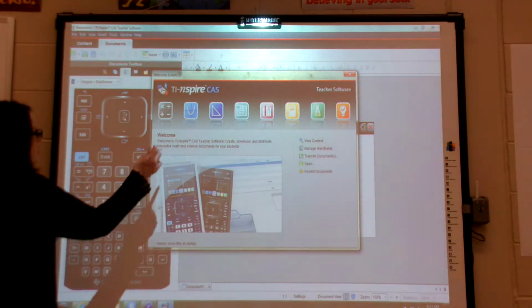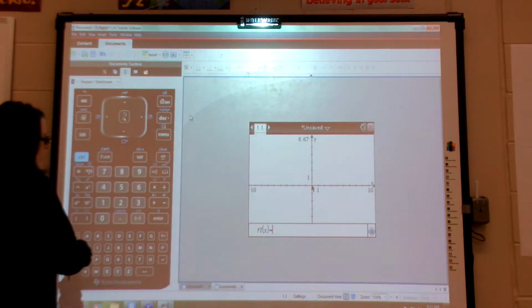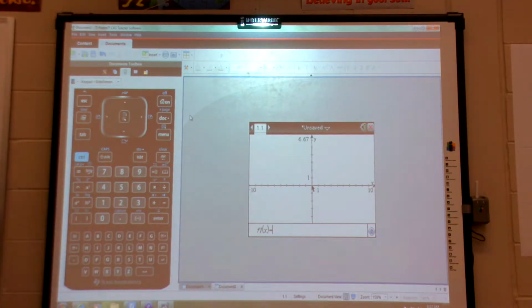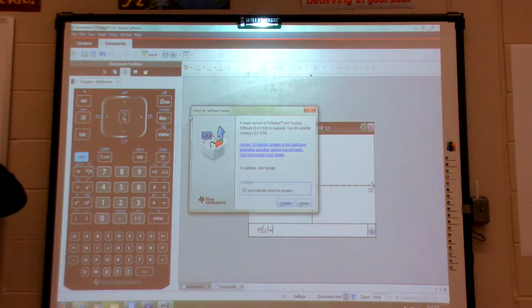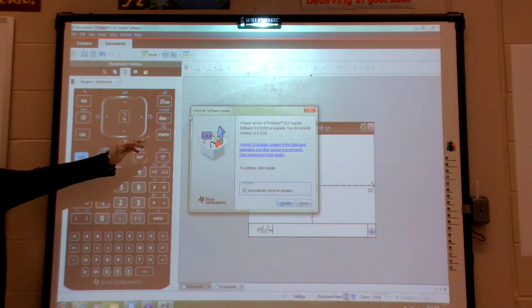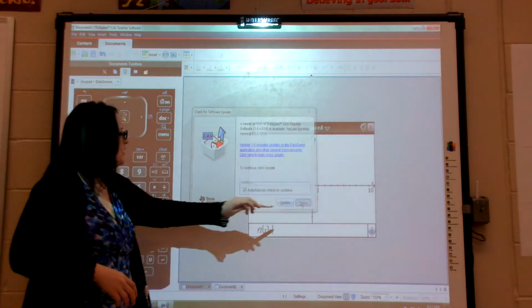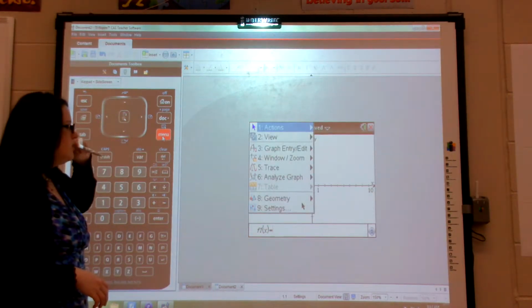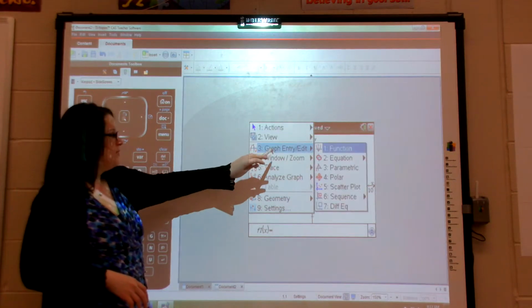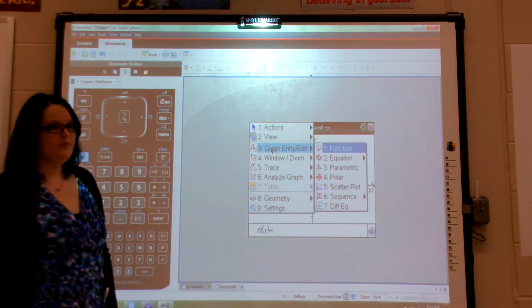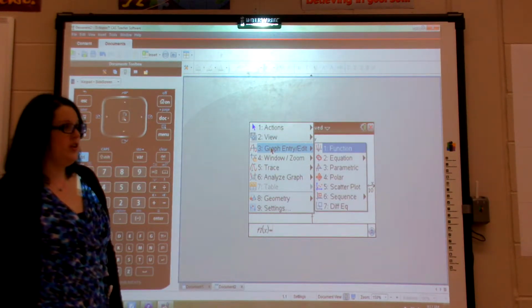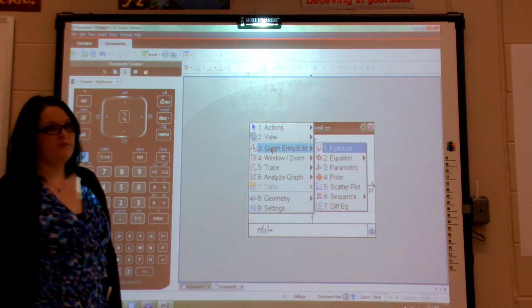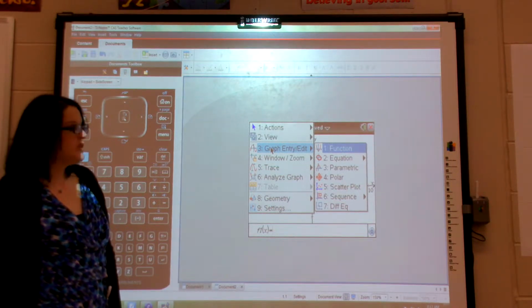Okay, so everybody go to a graph, clear out anything you've got in there. All right, new thing. Let's go to menu, graph entry. We're usually on function, right?